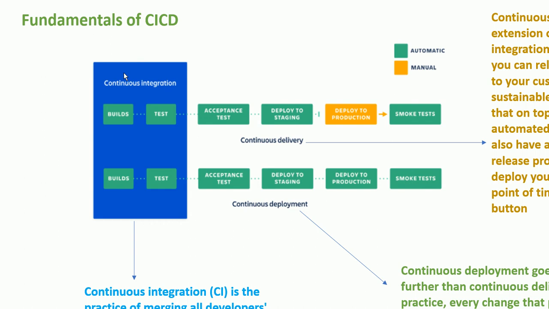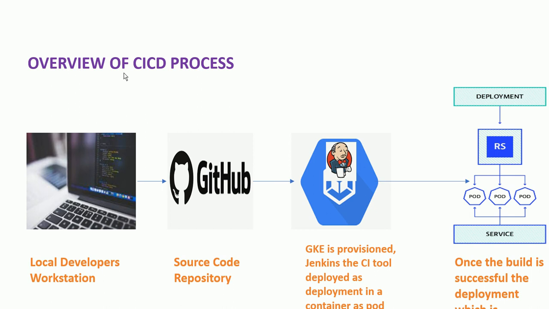Now let's stitch all the processes into a single slide to see what CI/CD is and how it happens at a high level. The local developer codes and checks that code into the GitHub source code repository. I'm using a GKE cluster in Google, for example.